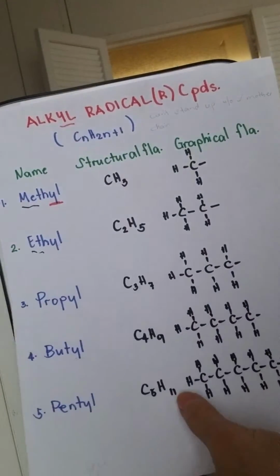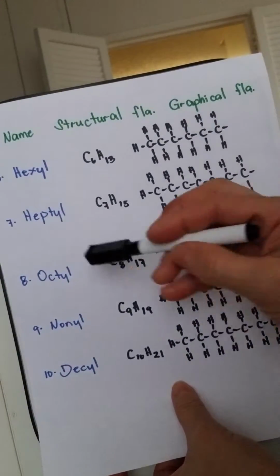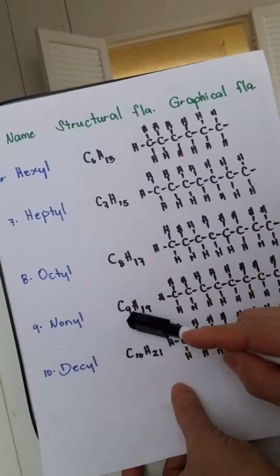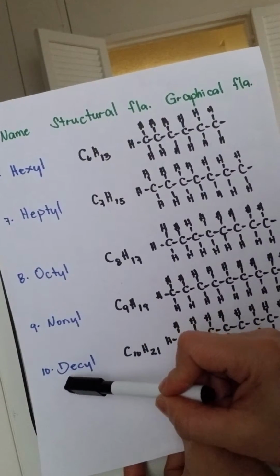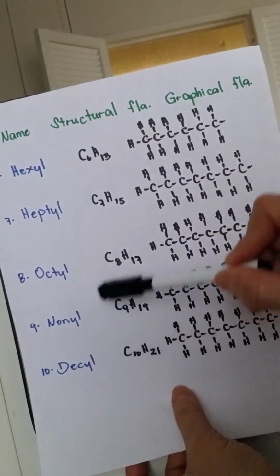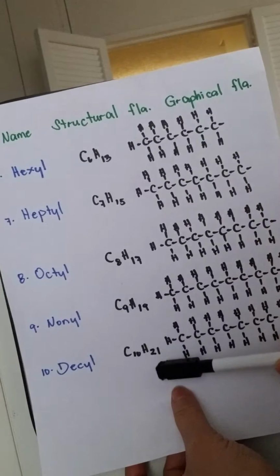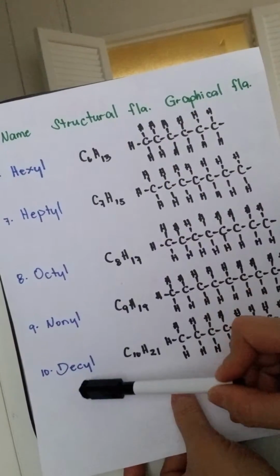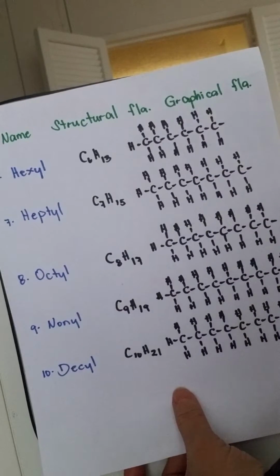And then what about if you have 6 carbon atoms? What is the prefix? If you have 6 carbon atoms, the prefix is hex. If you have 7 carbon atoms, the prefix is hept. If you have 8 carbon atoms, the prefix is oct. If you have 9 carbon atoms, the prefix is non. And if you have 10 carbon atoms, the prefix is dec, and you have the suffix yl. The total number of hydrogen atoms in the structure of these alkyl radical compounds follows the general formula for alkyl radical compounds.